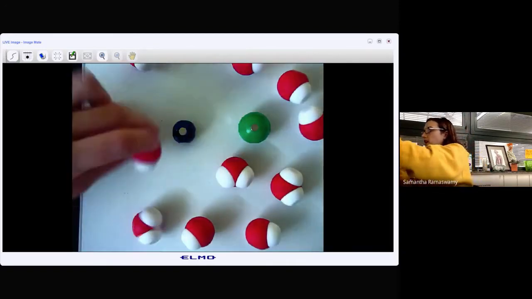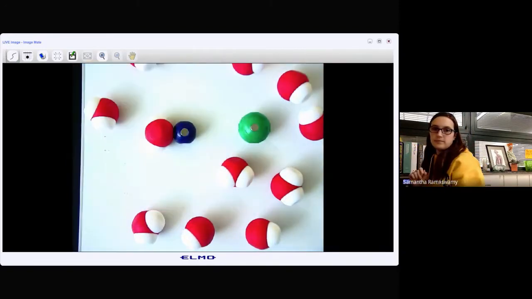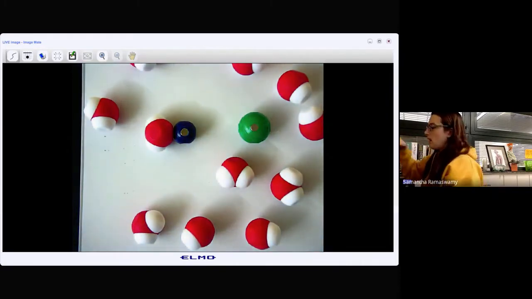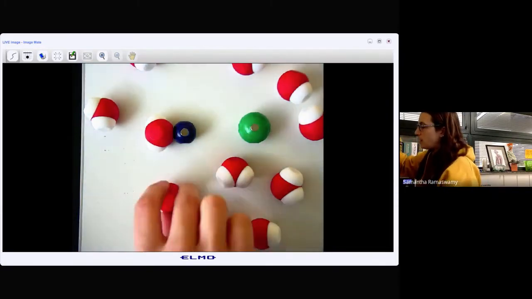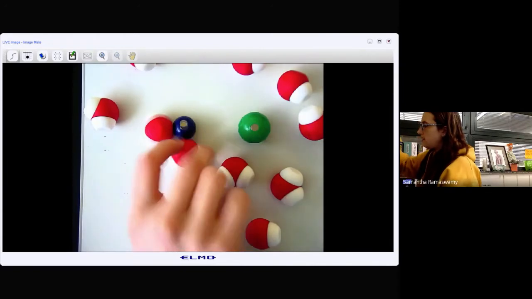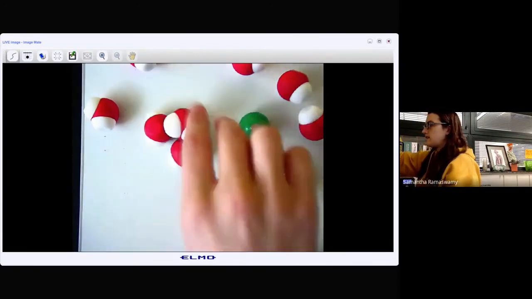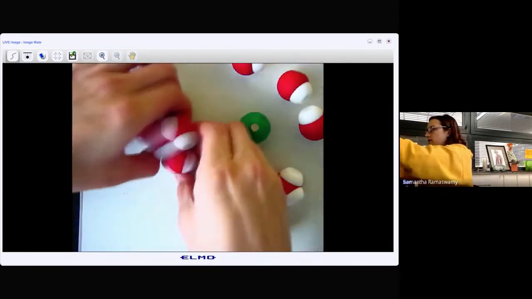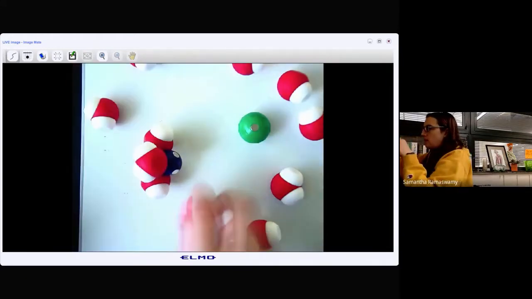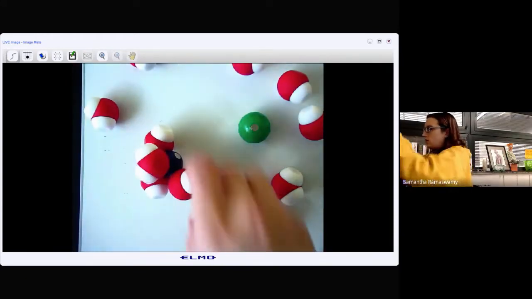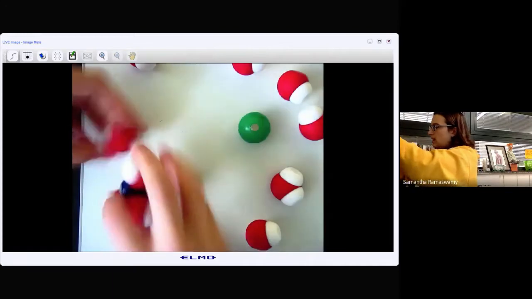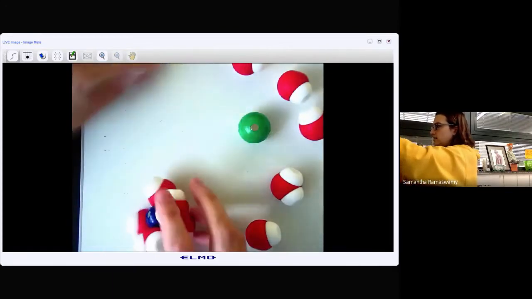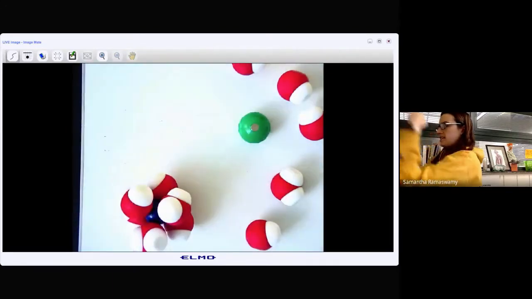If I put the oxygen side near it, it's attracted. So these water molecules are going to come near Na plus. Of course, this is also magnetic, so notice only the oxygen side is attracted.